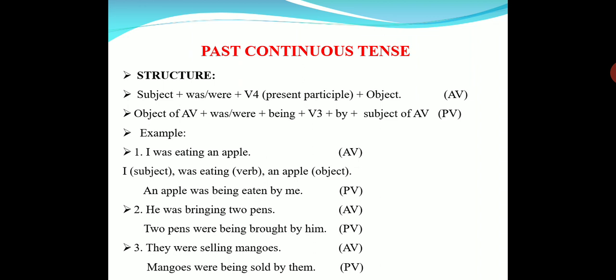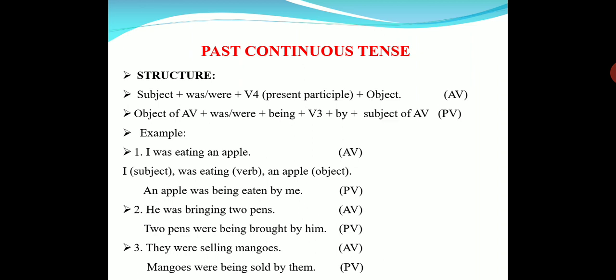Let us move to one more example. He was bringing 2 pens. Let us divide into subject, verb and object. What is the subject? He. What is the verb part? Was bringing. What is the main verb? Bring. What is the object? 2 pens.